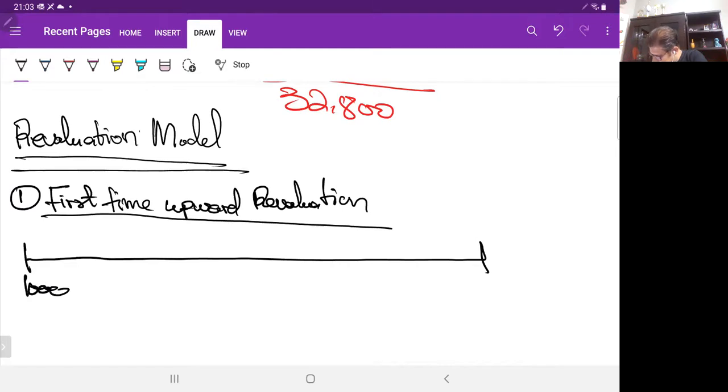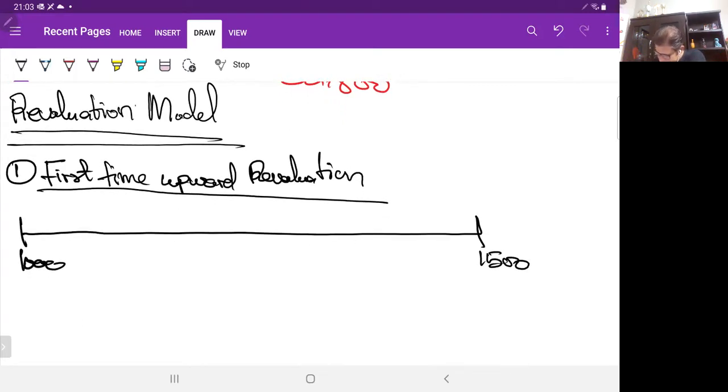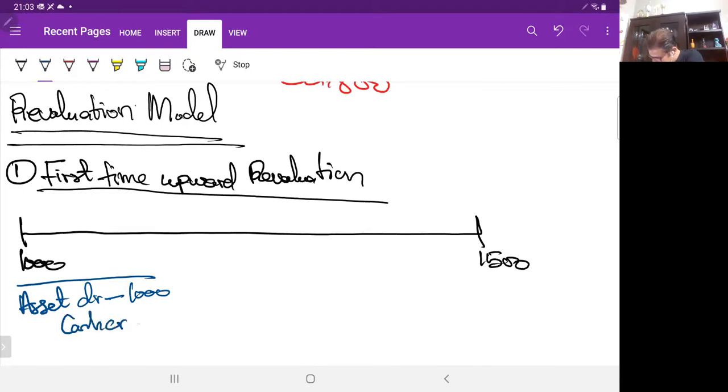For example, we bought the asset for 1,000 and then the asset is revalued to 1,500. So when we purchase the asset, asset debit 1,000, cash credit 1,000.